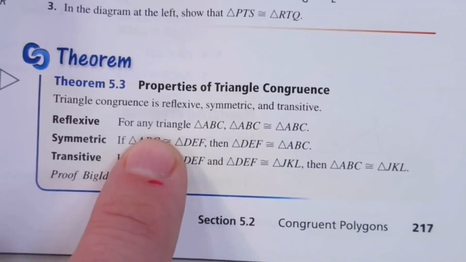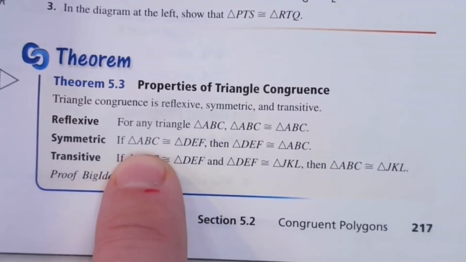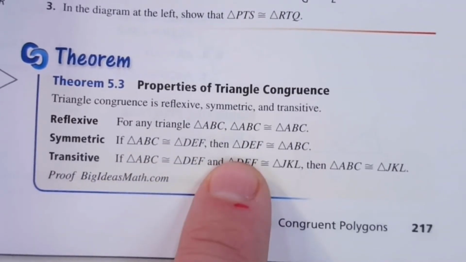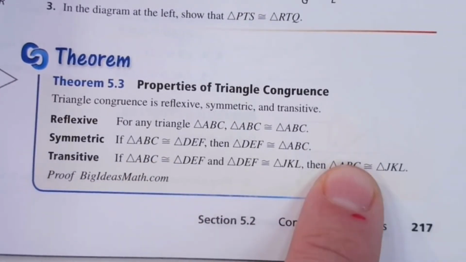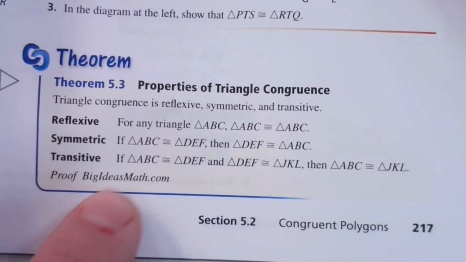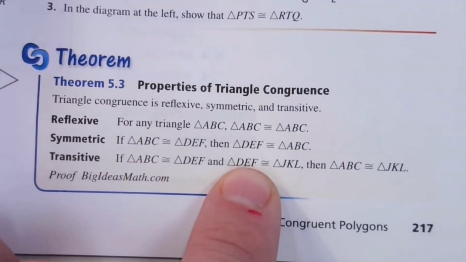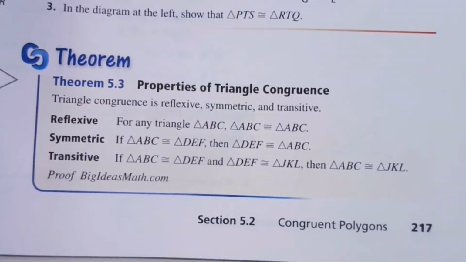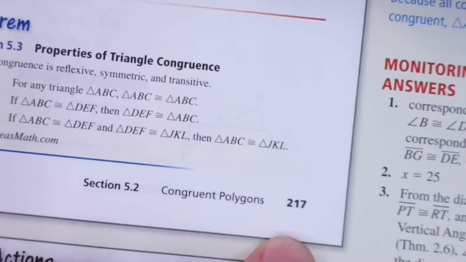Like reflexive: triangle ABC is congruent to triangle ABC. That makes sense. Symmetric, that just switches the order, right? And transitive, we might have to use transitive. If triangle 1 is equal to triangle 2 and triangle 2 is equal to triangle 3, that means triangle 1 is equal to triangle 3. Okay, and I don't need to leave this on the board because it's in your book on page, I bet you can guess which page it's on.